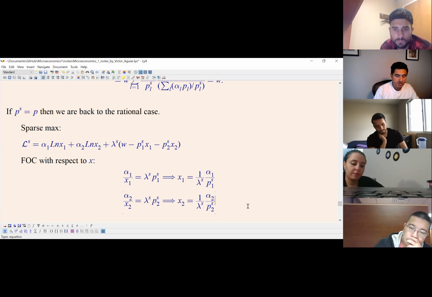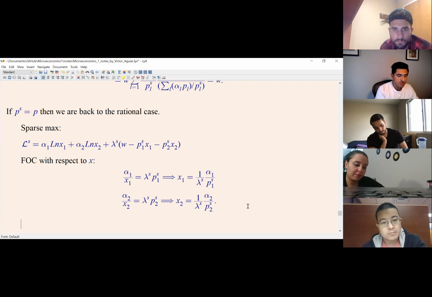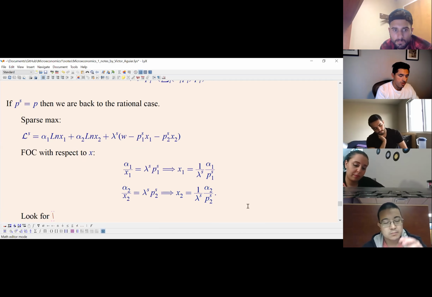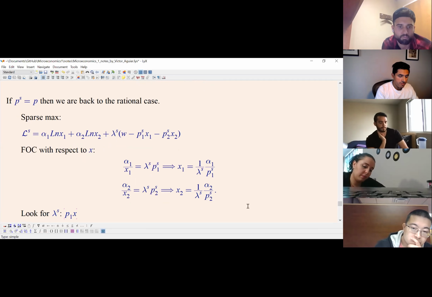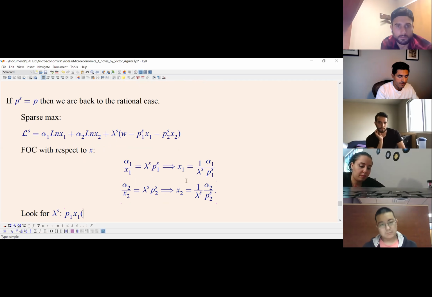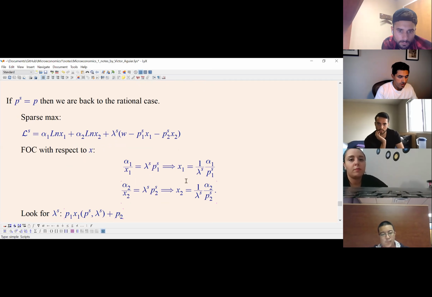Now, what do I do with these objects? What was step 2? So look for lambda s such that P1, the real P1, multiplied by the object above, X1 of fake price and lambda s, plus P2, the same object but with X2, is equal to W, okay?